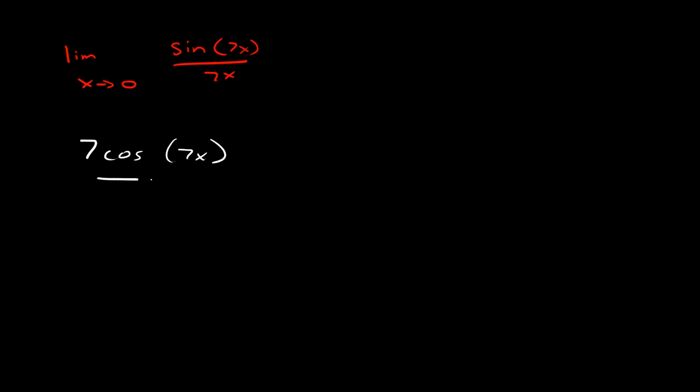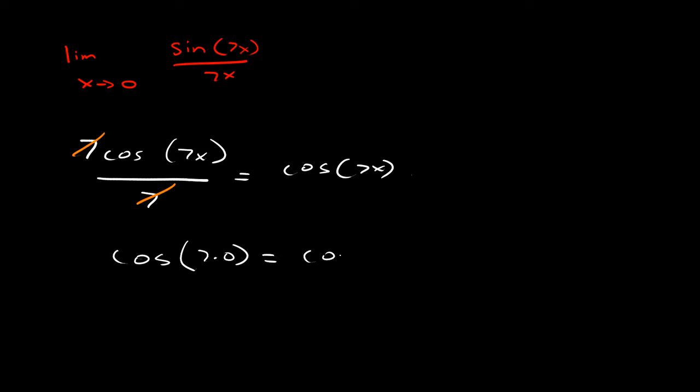Differentiating 7x gives us 7. And we can simplify this. We can see that the 7 and 7 cancel out, so we just get cosine of 7x. Now we can plug in 0. We get cosine of 7 times 0, which is just cosine of 0, which is equal to 1.